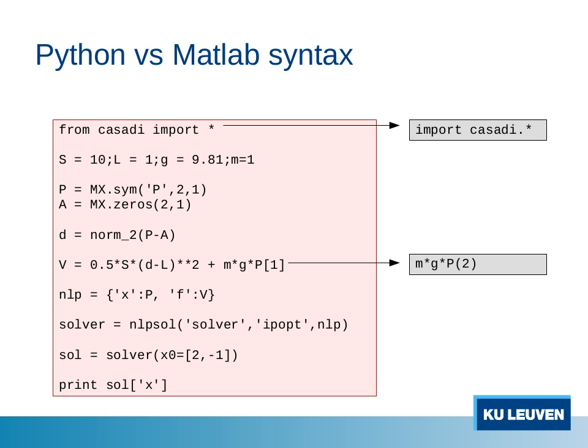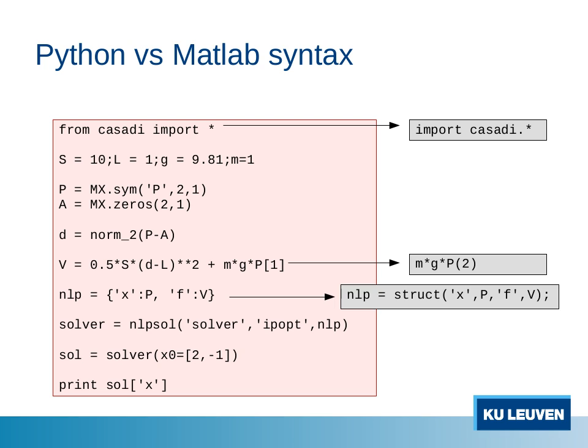So the y coordinate of P, the point mass, is index 2 in Matlab and index 1 in Python. So watch out for that. A dictionary becomes a structure. The call to the solver object with keyword arguments becomes the classical Matlab approach.